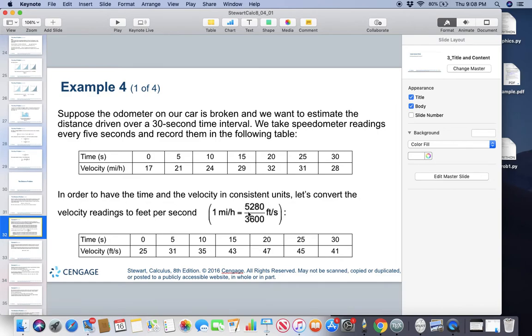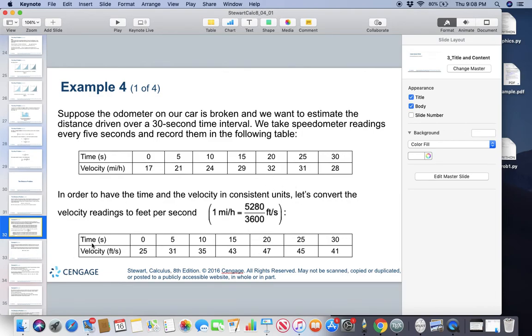Okay, so that's because 1 mile is 5,280 feet, 1 hour is 3,600 seconds. So you can convert from miles per hour to feet per second by simply multiplying by this fraction. 17 times this fraction is approximately 25. 21 times this fraction is approximately 31, and so on. Okay, go from here to here.